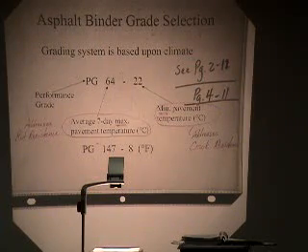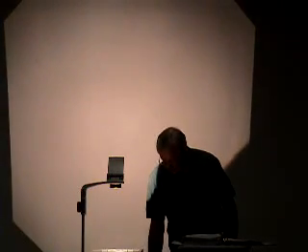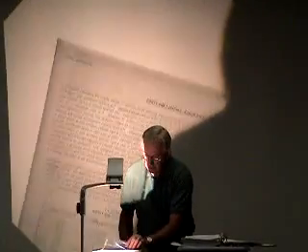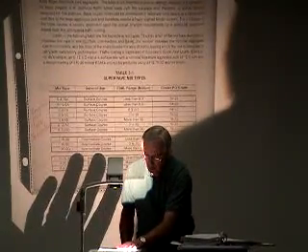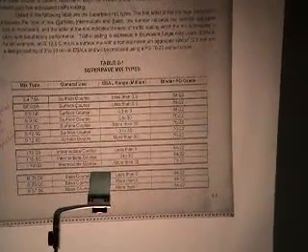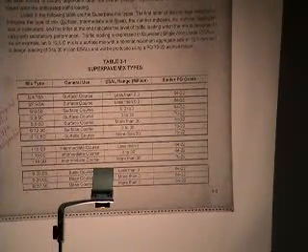So, using that concept in mind, and looking back at our mix types table, you'll see there for those lower traffic levels, and this comes into play in the surface mixes primarily, to some extent maybe in the intermediate and base mixes.